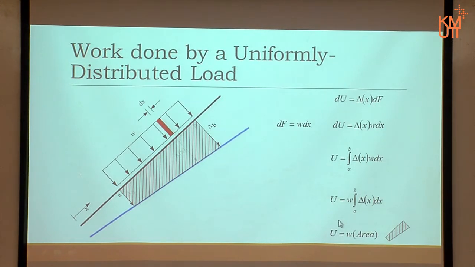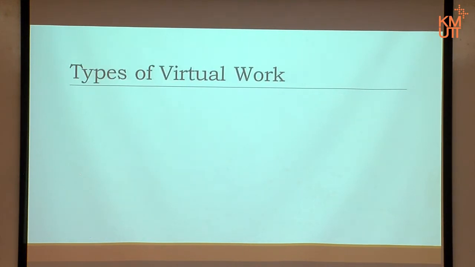So if the delta, the area, is in the same direction as the distributed load, it is positive. If it is against one another, it is negative. Theory is not difficult. When we play around with the supports, that is the headache. Okay? That's it. Three equations that we need to know. Oh, no. We still need one more, but it will come.